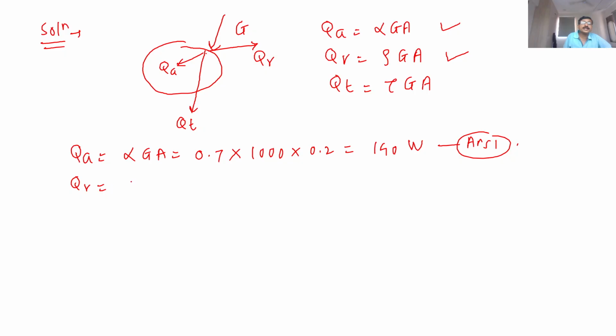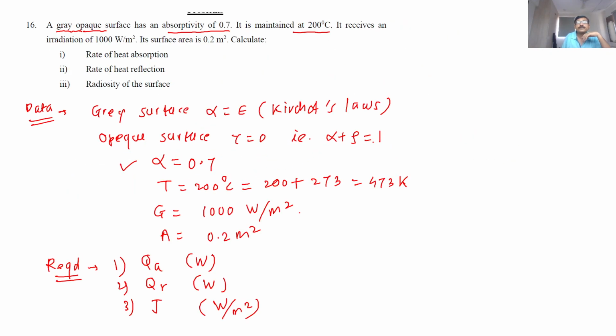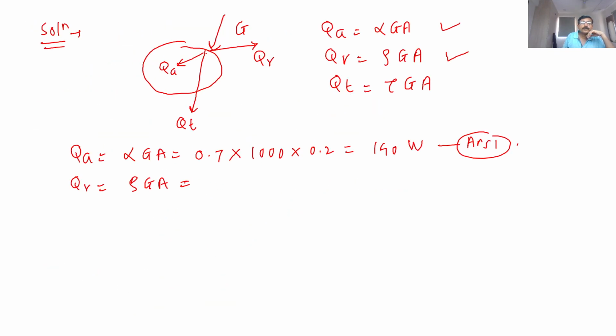Now Q reflected is asked, that is rho G A. What is the value of rho given? No, rho is not given, so you need to calculate it. How to calculate? For an opaque surface, alpha plus rho is equal to 1 as tau is 0. So rho is 1 minus alpha, and alpha is 0.7.